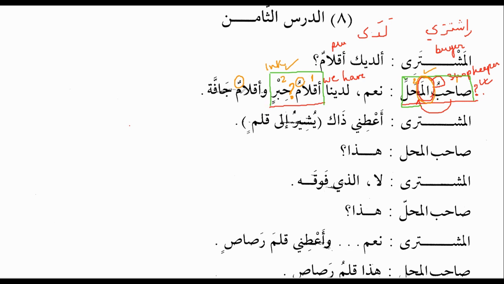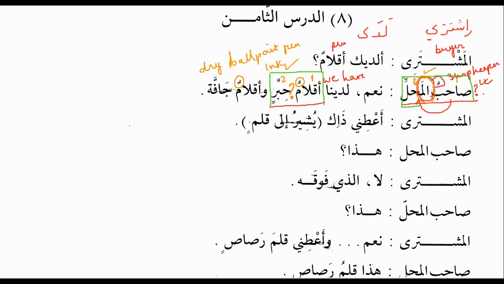And aqlamun jaffa, and he says that I have pens, ink pens, and pens that are jaffa. The word jaffa comes from a root meaning dry, so here it means ballpoint pen. Ballpoint pen, it's a dry pen. Ballpoint pen.